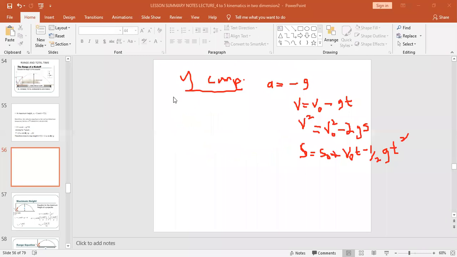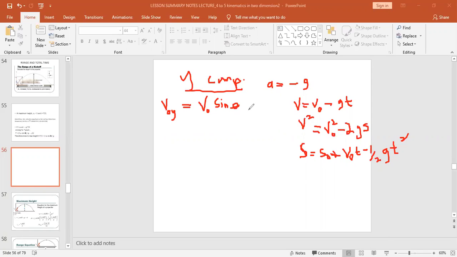Very good. Now we said that the initial velocity in the y component, which is v naught y, I didn't write that well, so let me write it well. The initial velocity in the y component, v naught y, is equals to V naught sine of theta.